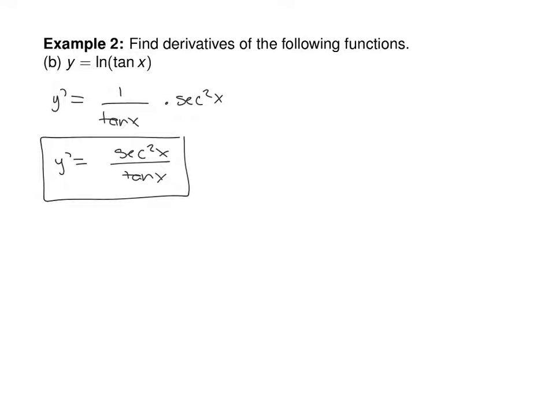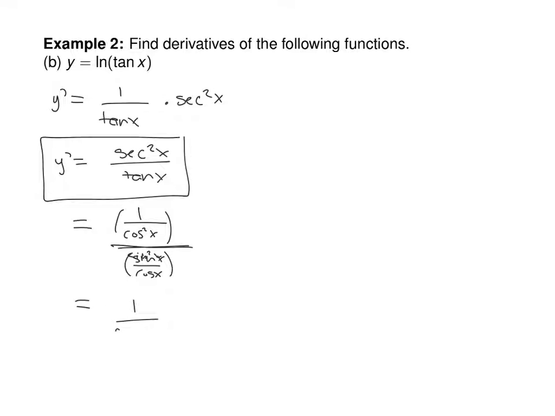Could I rewrite that with just sines and cosines, just for practice? Let's just do it for practice. That's 1 over cosine squared x divided by sine over cosine. What happens to the denominator? Because you're dividing by it, it gets flipped, reciprocated.